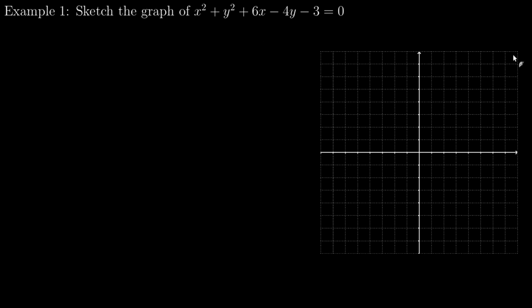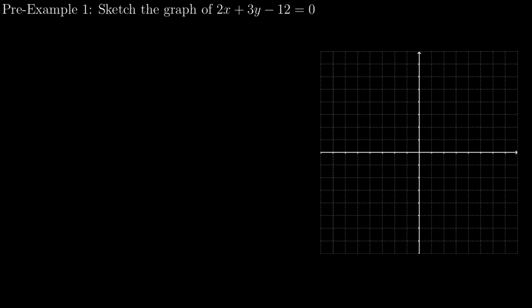Some simpler forms we have seen are things like this. So if I wanted to sketch the graph of 2x plus 3y minus 12 equals 0, one possibility is rewriting this in slope-intercept form. So I'll start off with my 2x plus 3y minus 12 equals 0.